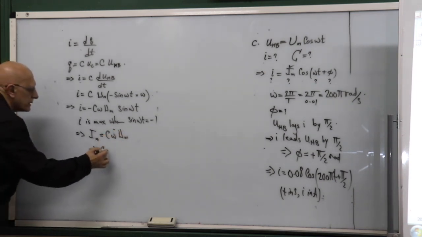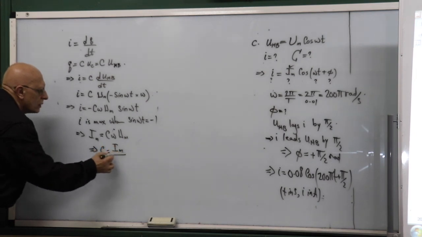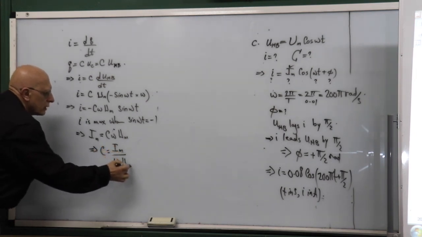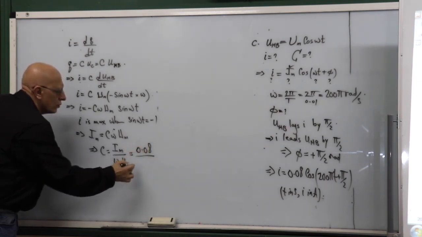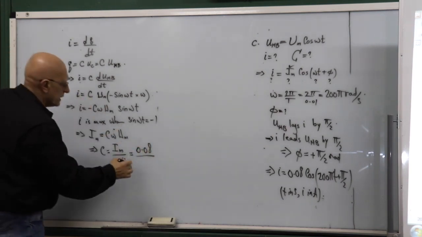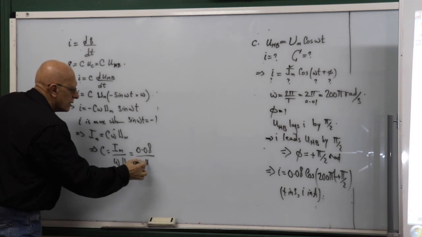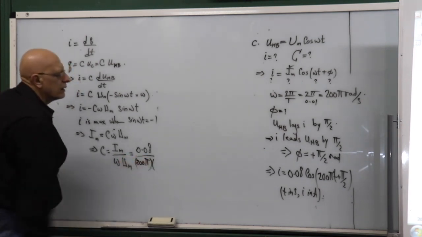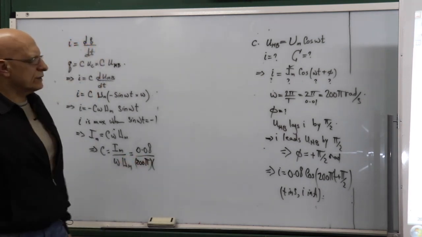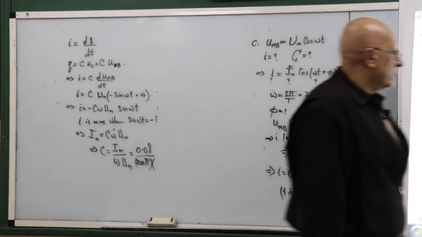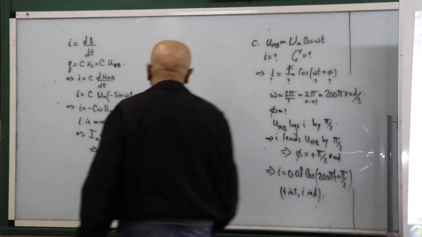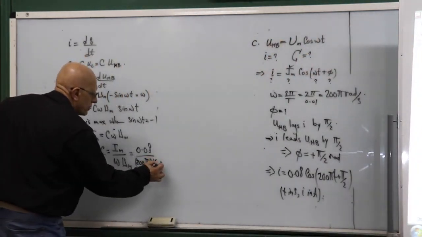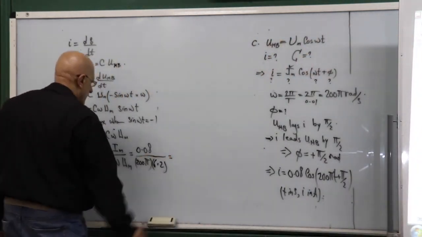This implies C equals Im over omega Um, which gives you 0.08 over omega 200 pi, and the Um, it is Um of the voltage of the capacitor, with 6.2, and you get the answer.